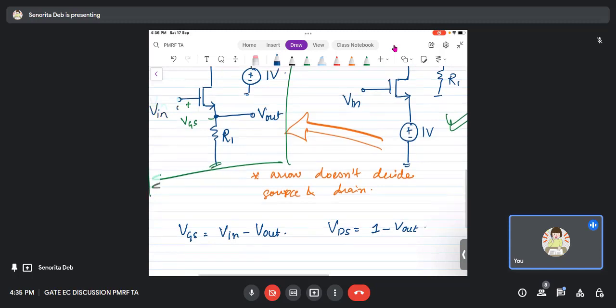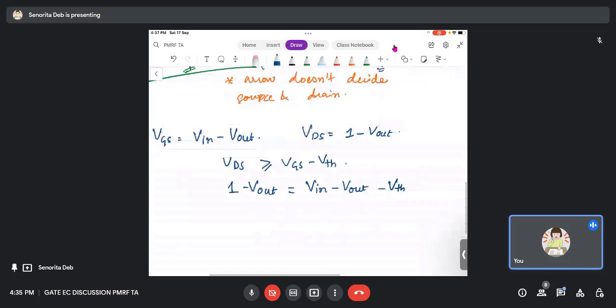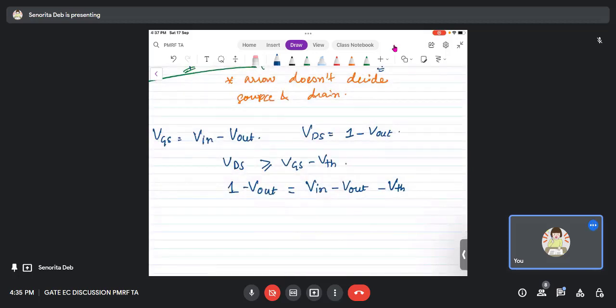Now if I say, give me the condition, VDS should be greater than or equal to VGS minus VTH for saturation. That means 1 minus V out, right? I'm taking the equal to condition, I'm not taking the non-equality.